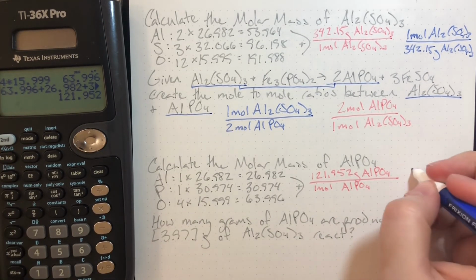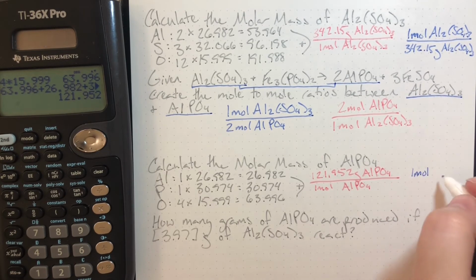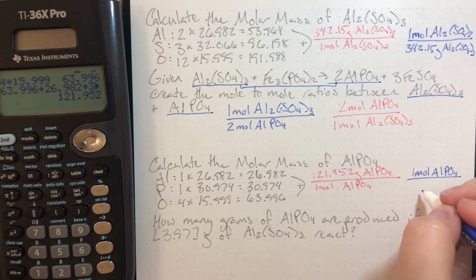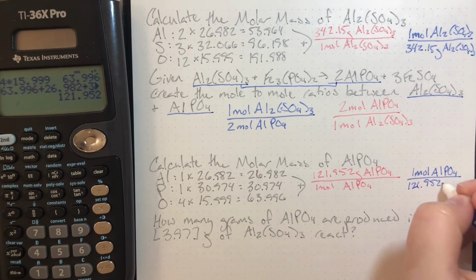And since this is a conversion factor, I will write the reverse, that for every 1 mole of aluminum phosphate, I have 121.952 grams of aluminum phosphate.